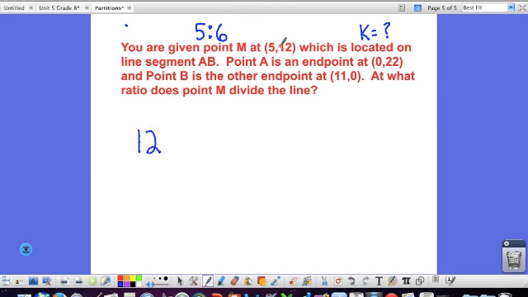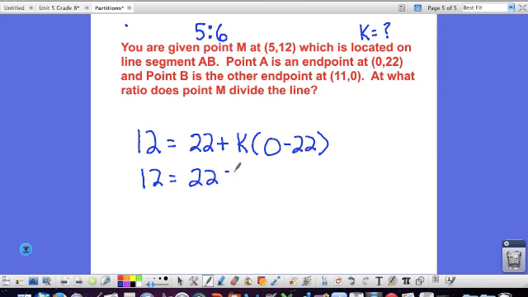Our point that we're finding for has a y value of 12 somewhere on this line. y1 is 22 plus the k value times 0 minus 22.